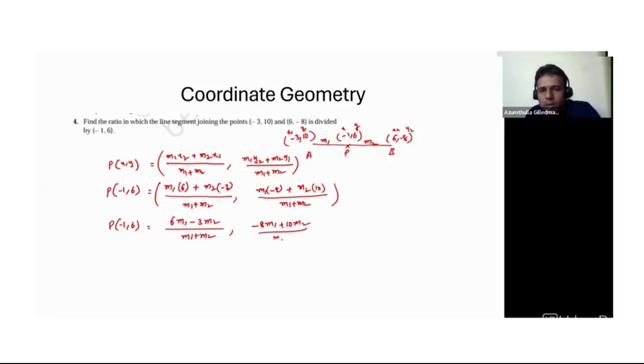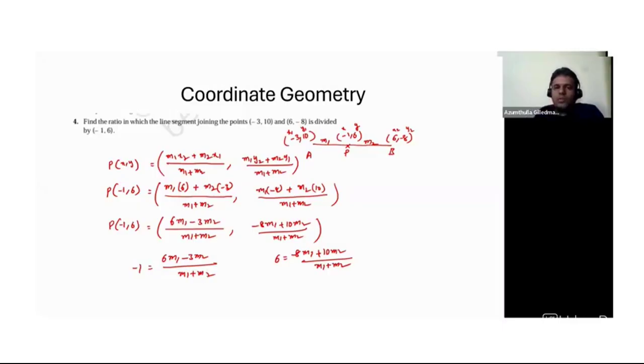By m1 plus m2. Now, can I say this x coordinate -1 is this value, right? (6m1 - 3m2)/(m1 + m2). And this 6 should be (-8m1 + 10m2)/(m1 + m2).